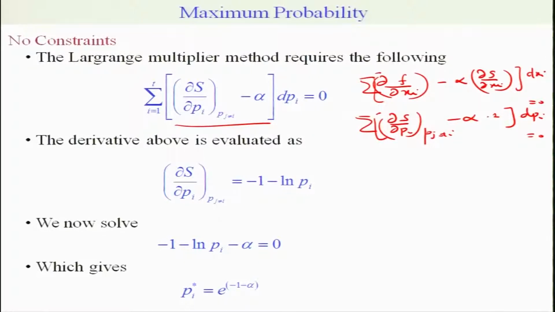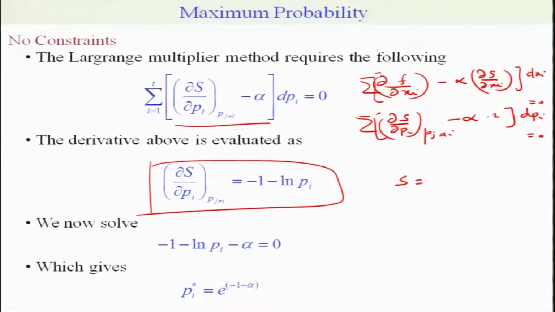Now, this expression can be evaluated from the fact that S by k, with k equal to 1, is minus summation pi ln pi. If you take the derivative of this, del S by del pi is going to be only this expression, because you are differentiating with respect to pi only, and the rest is going to be 0.